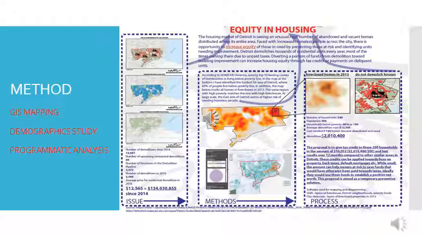For mapping practices, I used various GIS layers of demographics and available housing, foreclosed homes in Detroit, the price of an average multifamily home, and other similar factors that would help me identify and pinpoint the cause of the current housing crisis in Detroit.